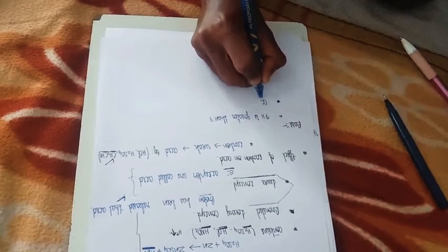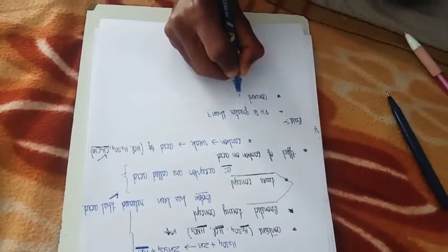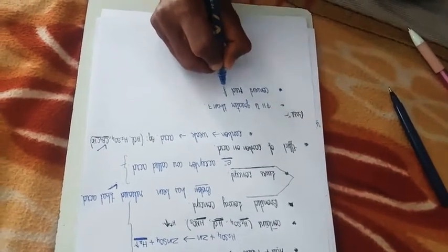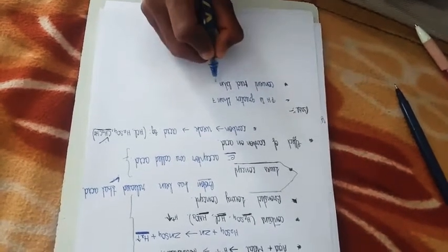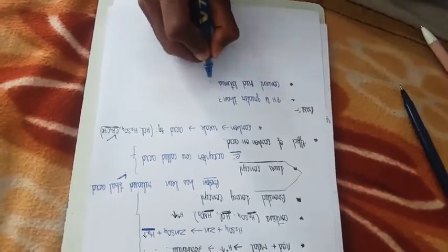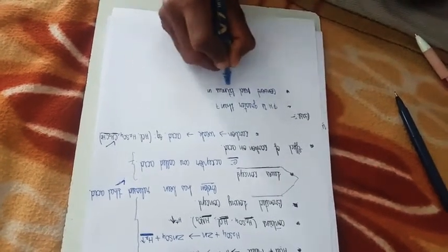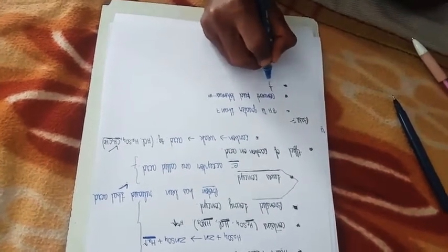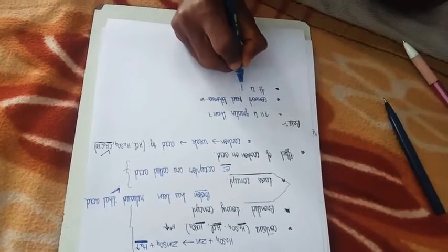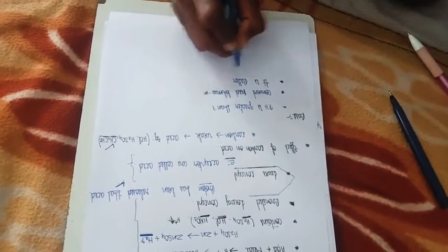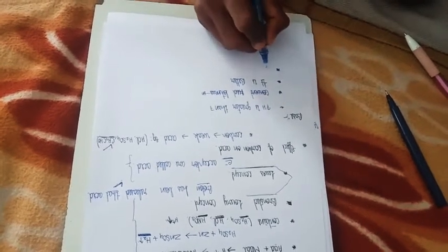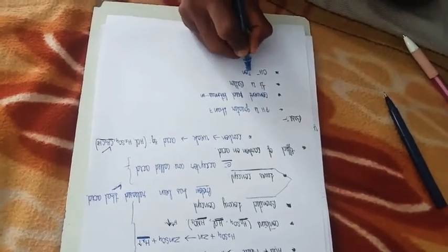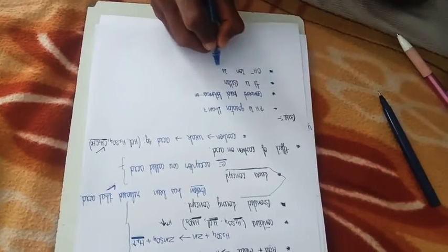It converts red litmus into blue. It is bitter in taste, like bitter gourd. And OH minus ion is present in it.